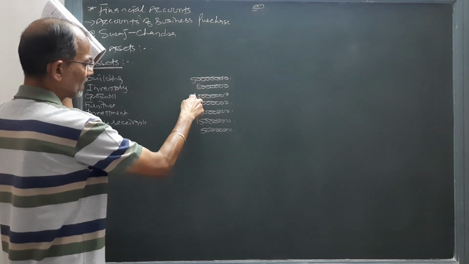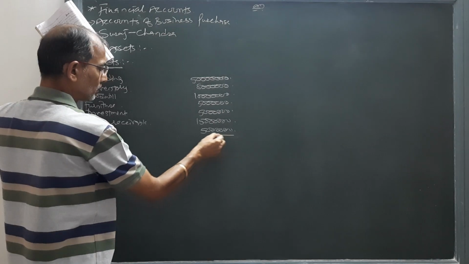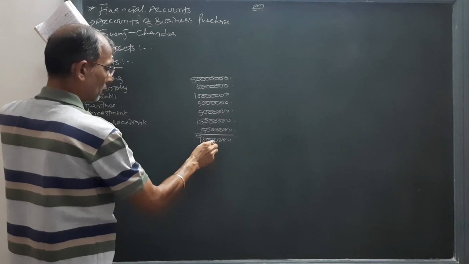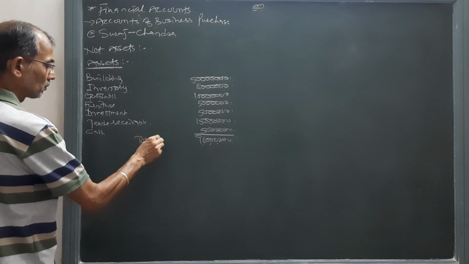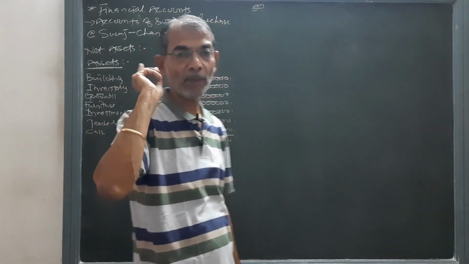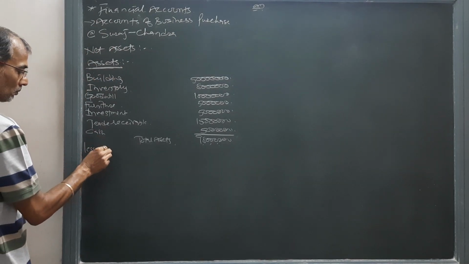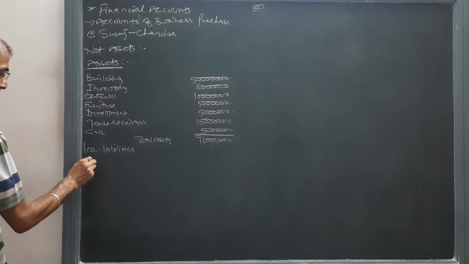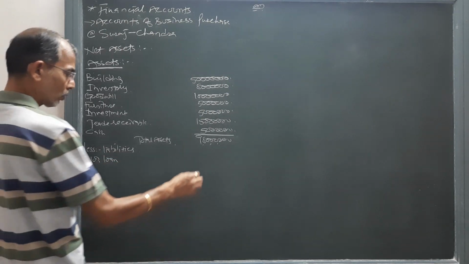So 5, 6, 7, 8, 9 crore 80 lakh is the total value of assets. From this we have to subtract the liabilities, which includes 8% loan, and that is 1 crore.